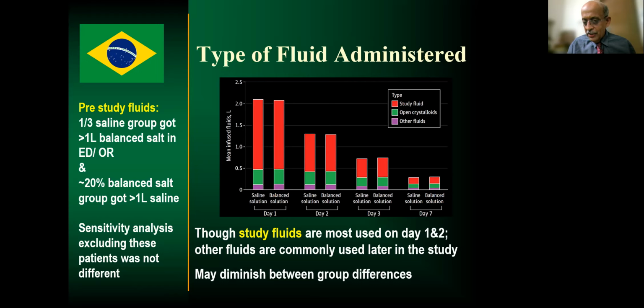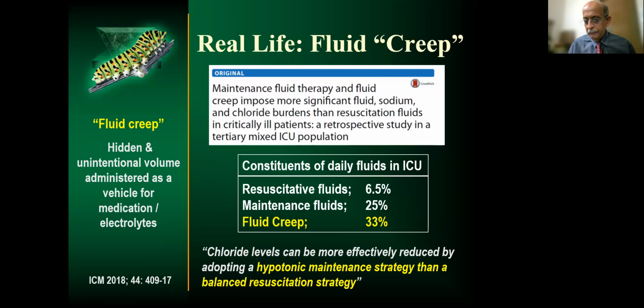So they did a sensitivity analysis where they excluded the patients who got large volumes of these alternate resuscitation fluids, and they were still unable to show any difference between the two groups. So broadly, we'd probably come to the conclusion that there is no benefit of the selection of the kind of fluid in the ICU.